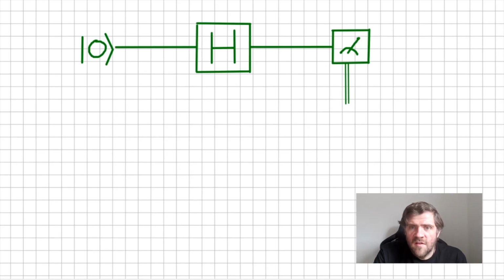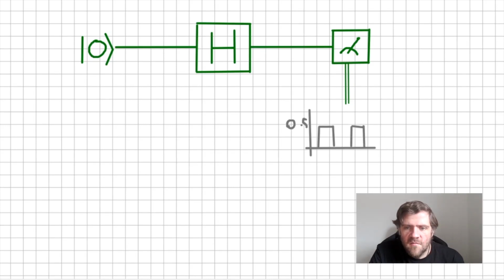So we can use a little histogram perhaps to show that the probability of a 0 or a 1 is equal at 0.5.